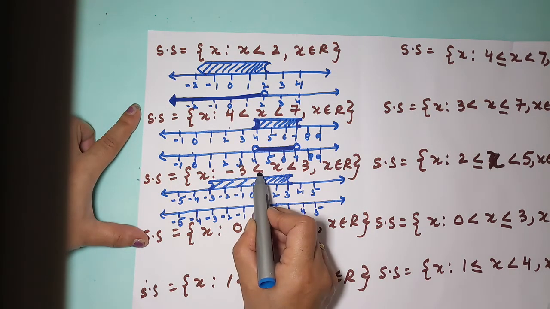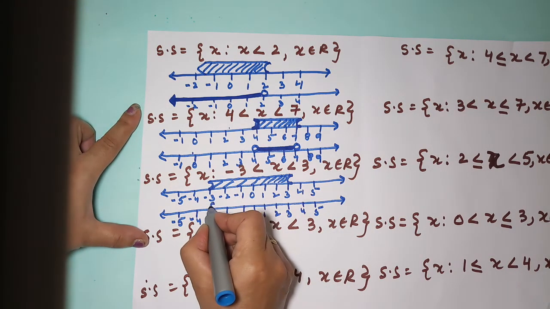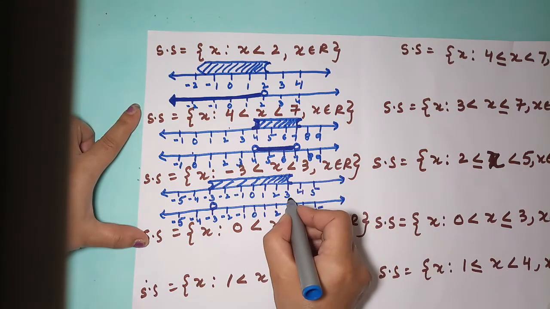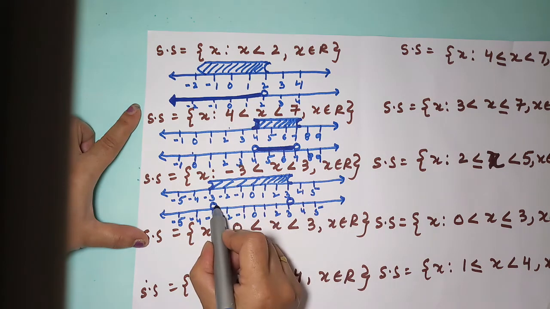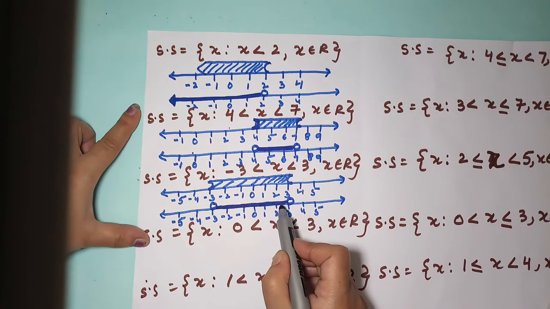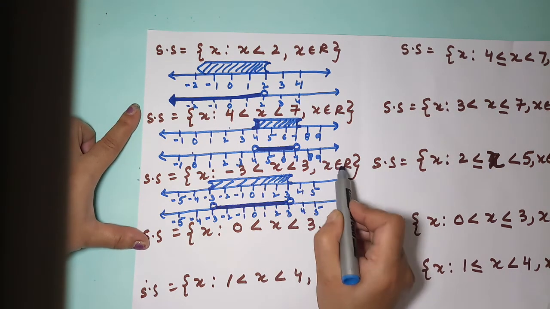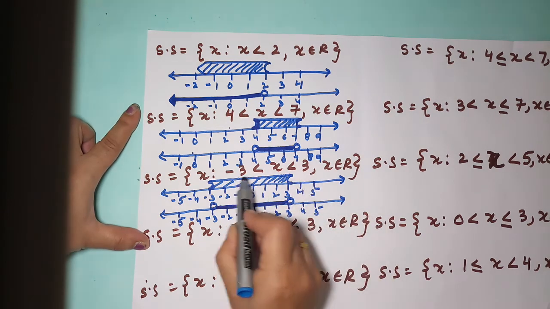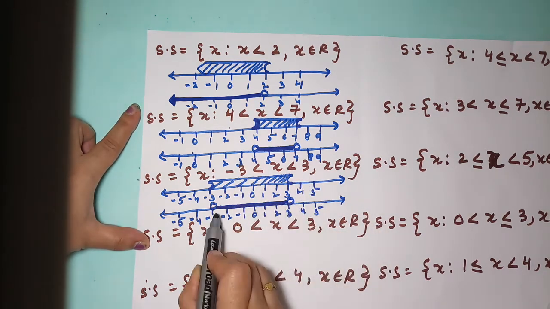No equality sign here, so we will place a simple circle, not a darkened one. Go to 3, no equality sign here, simple circle, and then darken the portion between them. What does this mean? This set represents all the real numbers between -3 and 3, with -3 and 3 not included.